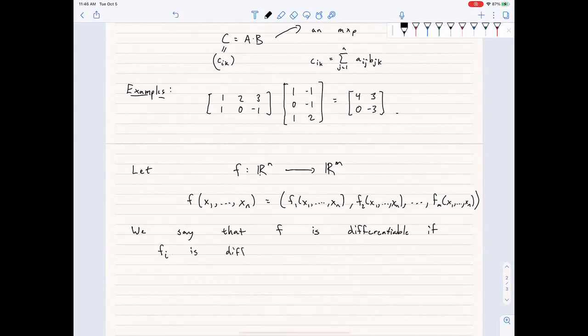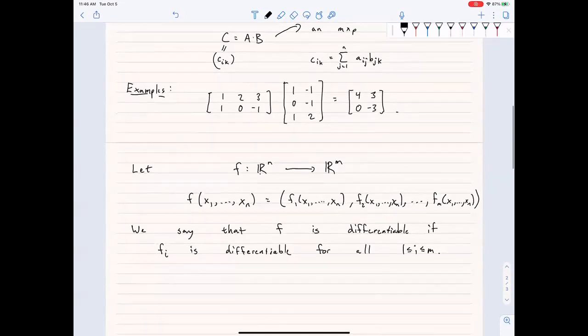So we have a notion for f sub i, and this should be true for all i between 1 and m. I mention that because the chain rule is not true if you just take functions whose partial derivatives exist. It's only true for differentiable functions. All right.